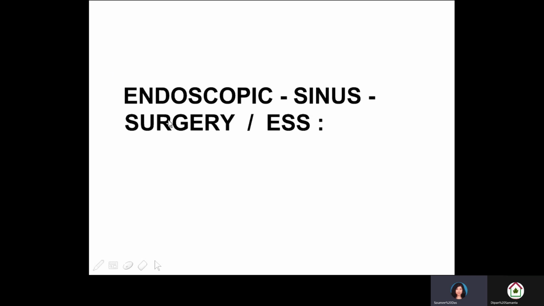In endoscopic sinus surgery, there is a probe which is equipped with an optical fiber along with a camera attached to it. So whenever it is inserted into the nasal cavity, we can view the nasal cavity on the monitor. So this is how the endoscopic surgery goes on.